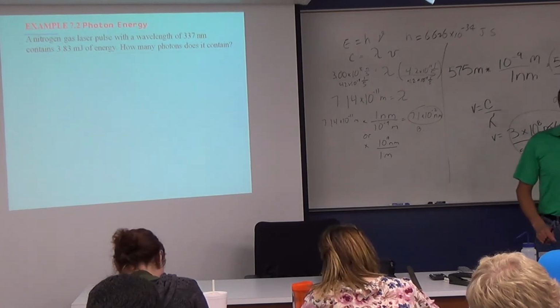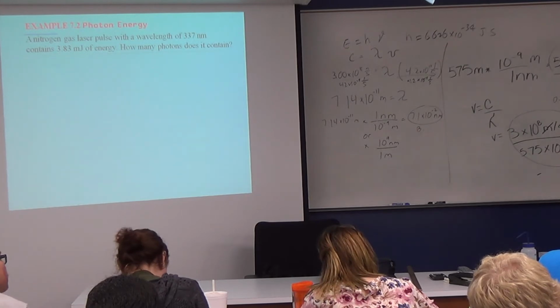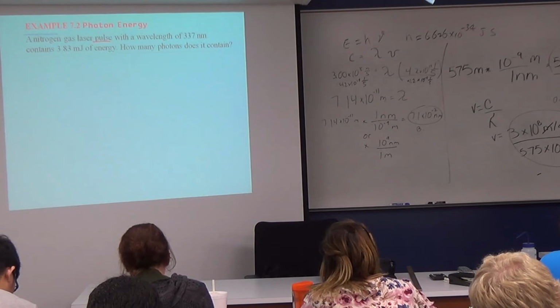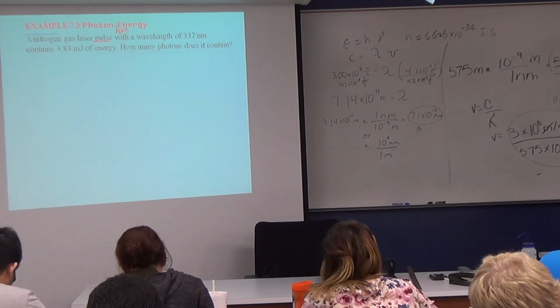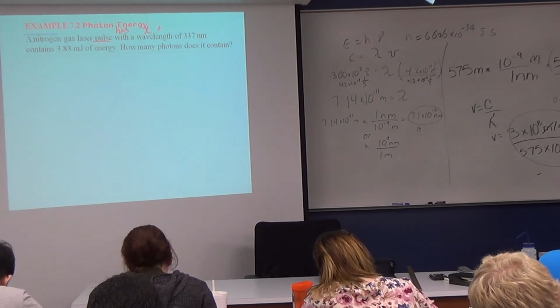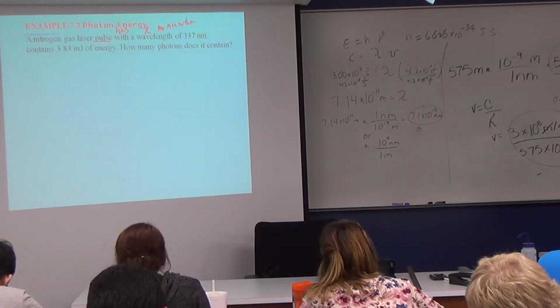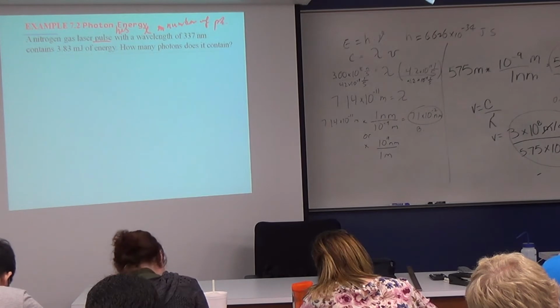We can do the same for this problem. For this problem, you get a pulse. In that pulse, you can think about it as having X number of photons in it.